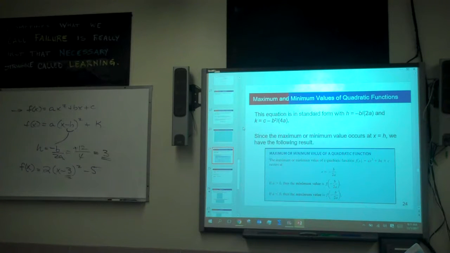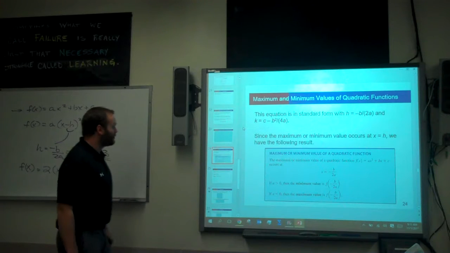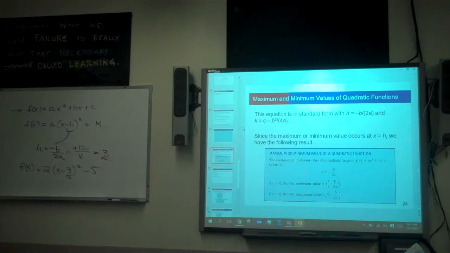That's a pain in the butt. That's not nice and easy to remember, right? Opposite b over 2a is easy to remember. That thing's garbage. So I'm not going to make you remember k. But if you can remember x, that will be enough for us to work through a little bit of algebra to find that k eventually.